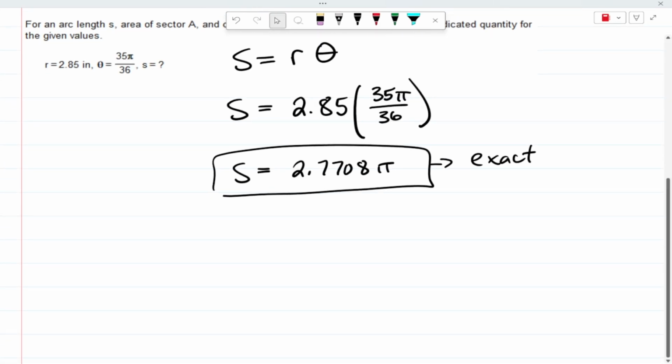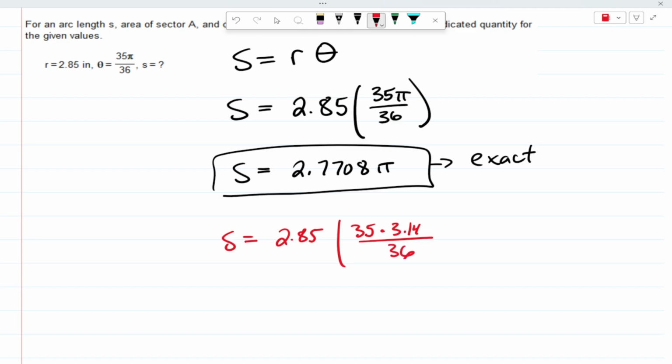Then, if we wanted an approximation, let me write this in red. The approximation here would just be the same exact thing, except instead of writing pi, we're going to write 3.14 in that numerator.